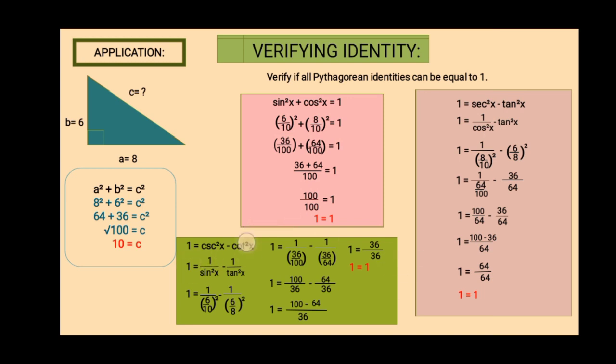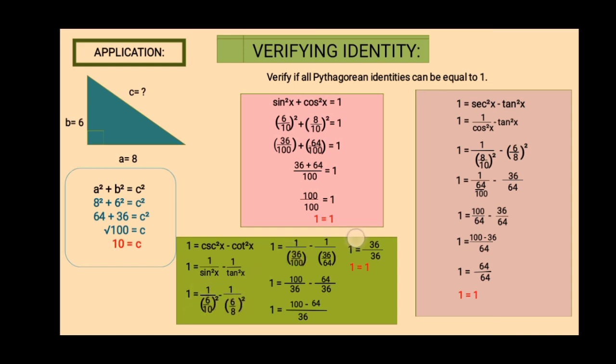Another Pythagorean identity that we are going to verify is cosecant squared theta minus cotangent squared theta is equal to 1. Cosecant is the reciprocal of the sine, so it's 1 over opposite over hypotenuse. Cotangent is the reciprocal of tangent, so that is 1 over opposite over adjacent.